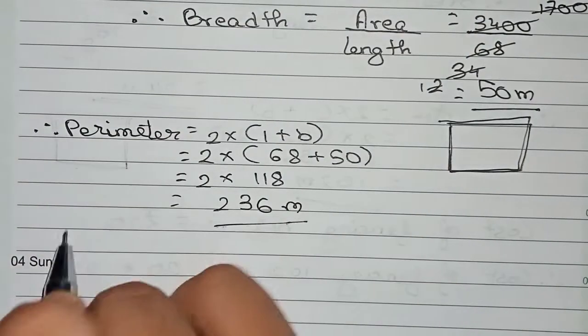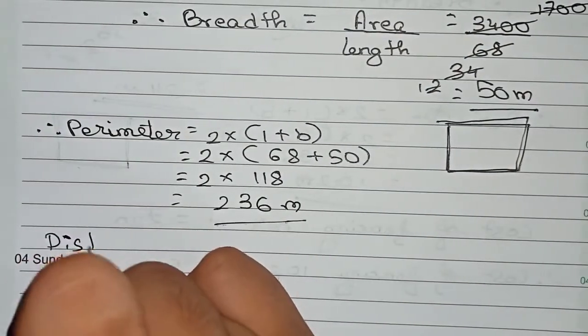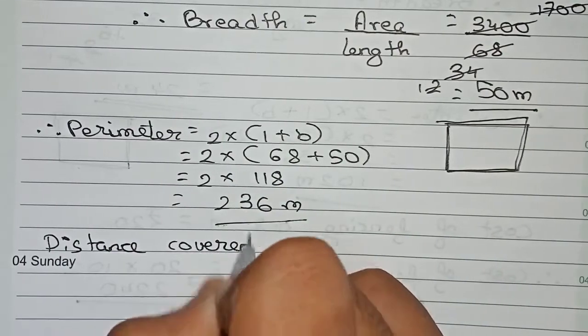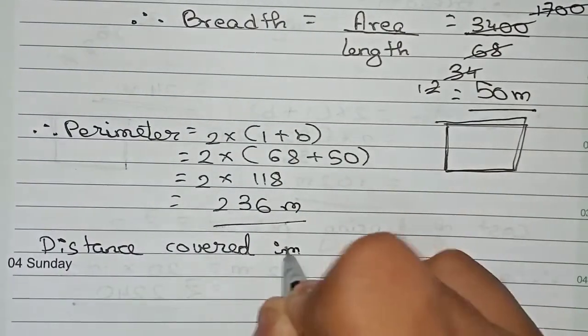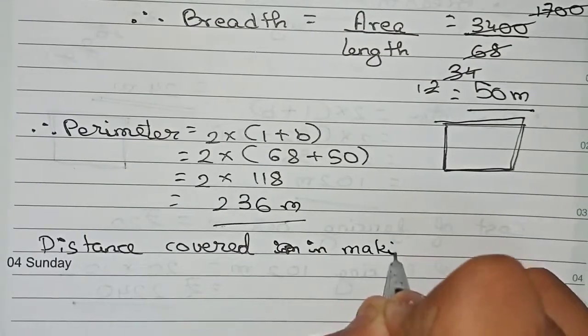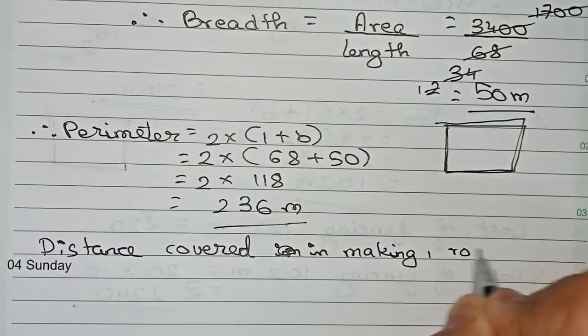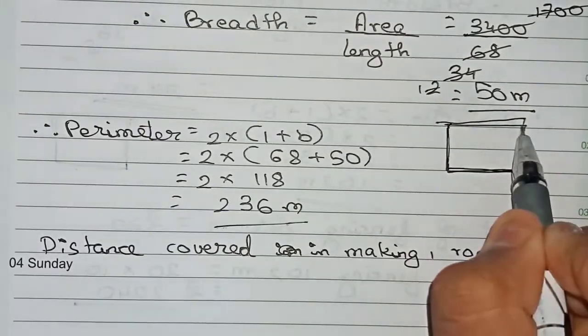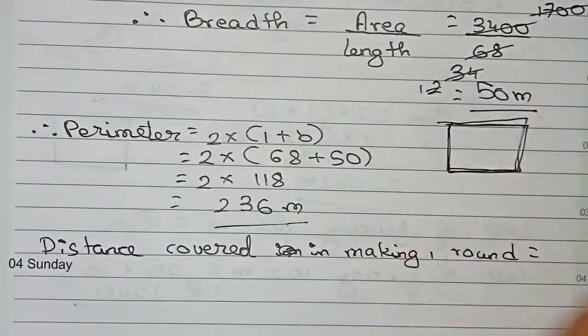Now write, therefore, distance covered in making one round equals, so making one round means this is the perimeter.